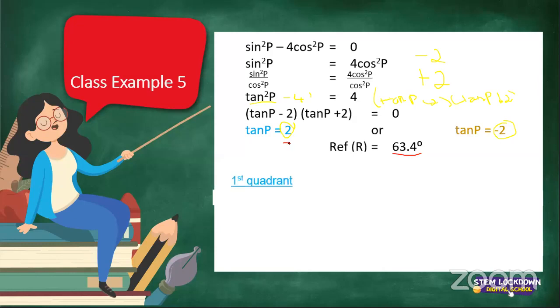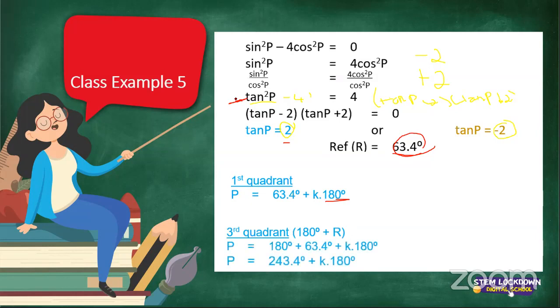Tan is positive in our first and third quadrant. For our first quadrant, it's simply 63.4 as it is, plus k times 180, 180 because it's tan, guys. And third quadrant, we have 243.4, plus k times 180.